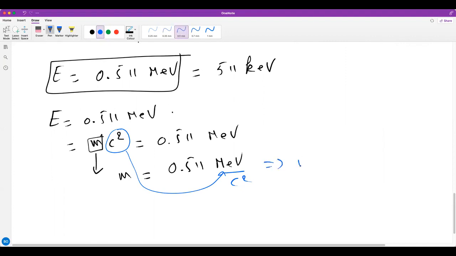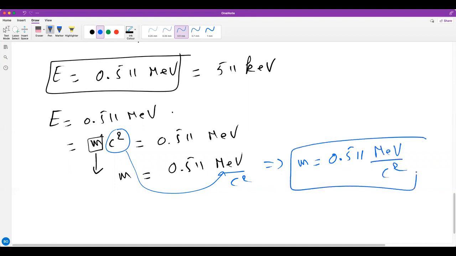So the mass of the electron will be 0.511, the same value as the energy at rest, but the unit is different. That's something we need to be careful about when we deal with units in relativistic energies and momentum. Okay, so I will stop here, and in the next video I will do some examples.